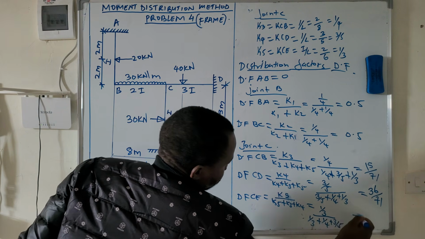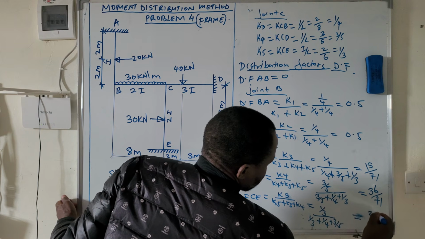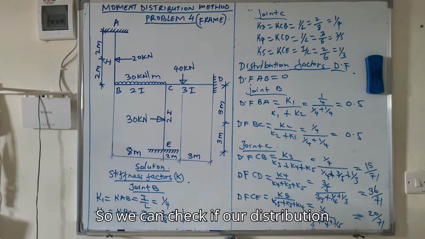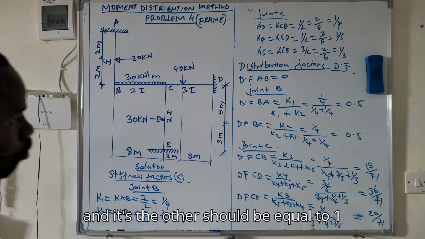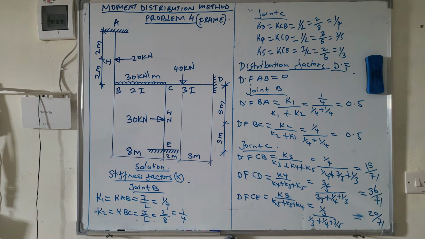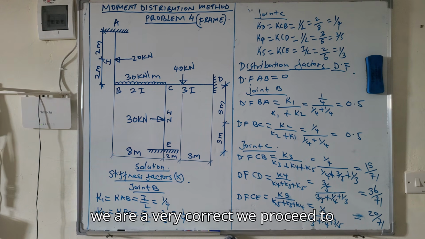So the answer should be 20 over 71. We can check if our distribution factors are correct by adding all of these, and the answer should be equal to 1. Yes, the answer is equal to 1, so it means we are correct.